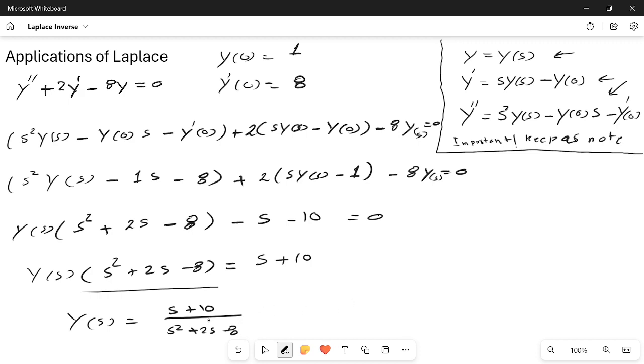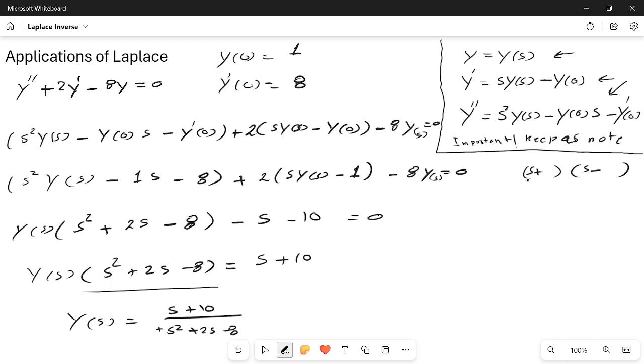Now we can split the denominator into two different brackets, so we have a plus and a minus. A positive multiplied by a positive is a positive, a positive multiplied by a negative is a negative. To get s squared, we get s and s.